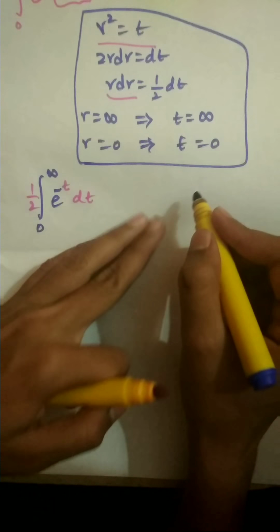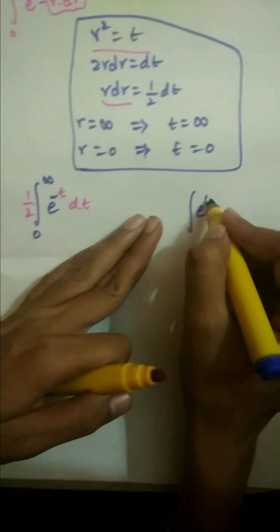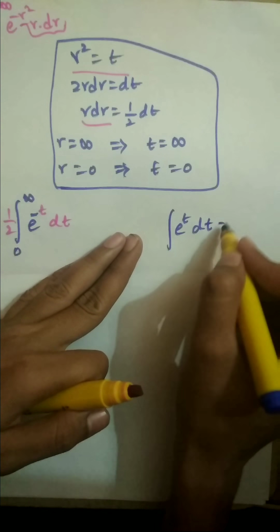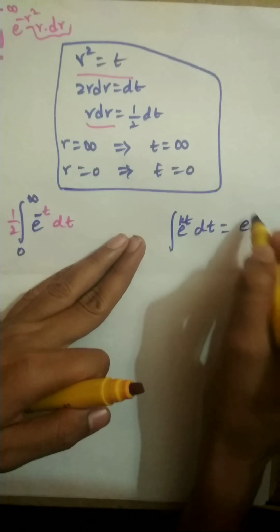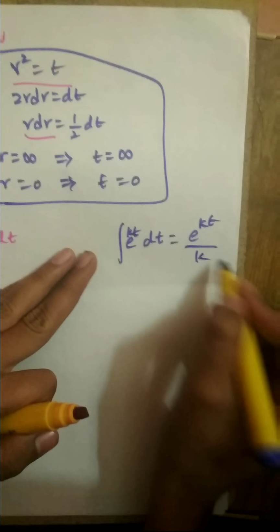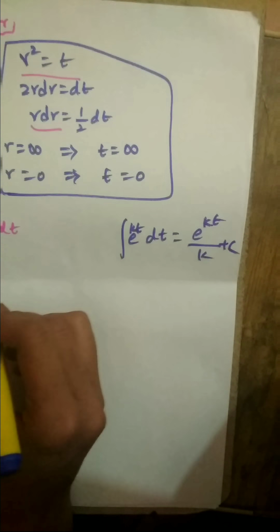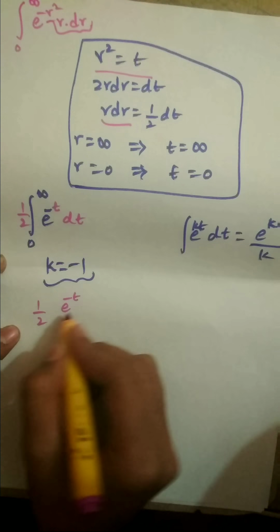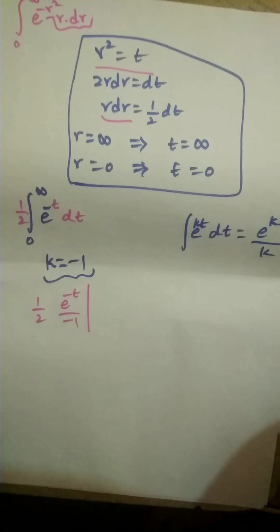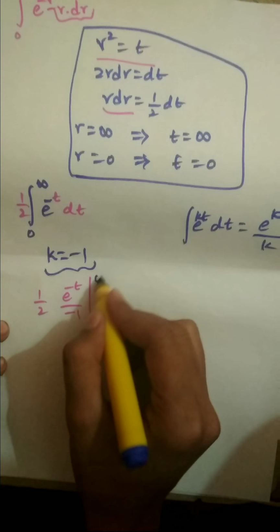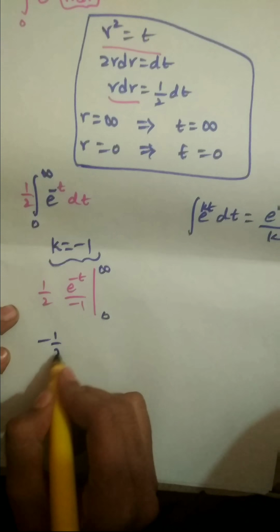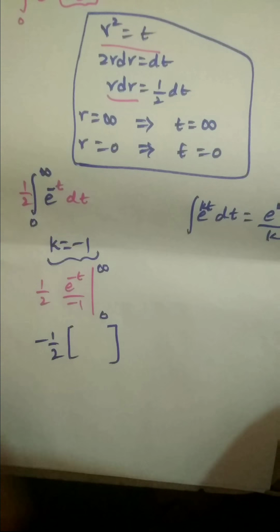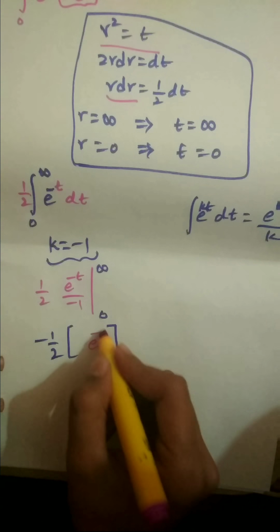Now we shall consider integral e power kt dt equal to e power kt by k plus c, where in this we have k equal to minus 1. Now the integral is reduced as half into e power minus t by minus 1 from 0 to infinity. This is minus 1 by 2 into evaluating e power minus t between 0 and infinity.